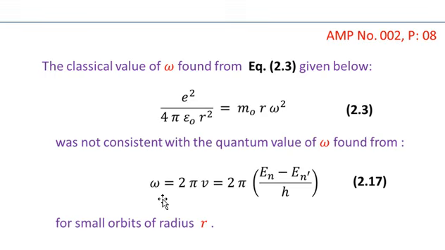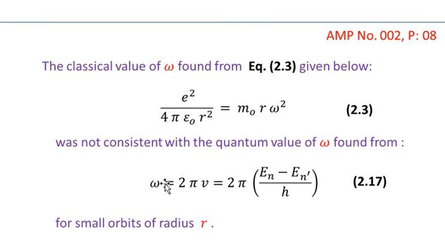So you see that this is the value of omega that we have discussed earlier, that omega is equal to 2 pi nu, and here we have introduced the value of nu using the second postulate of Bohr's model. So we have omega is equal to 2 pi nu is equal to 2 pi, within the parenthesis, En minus En prime divided by h.